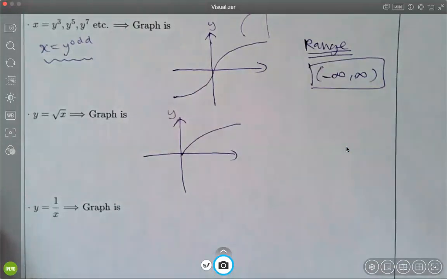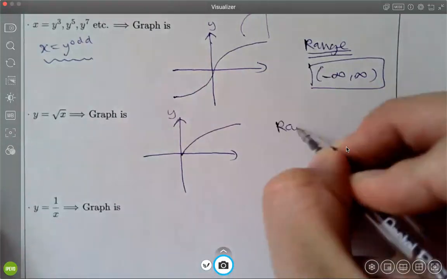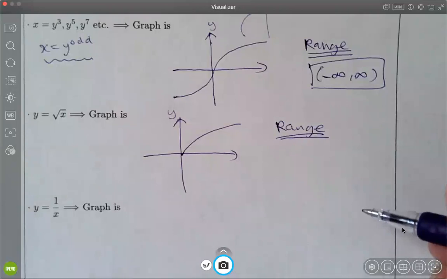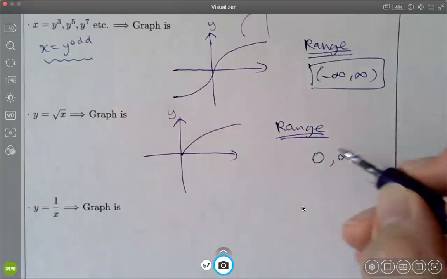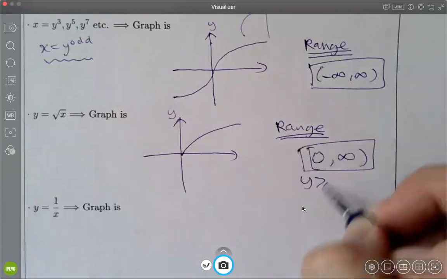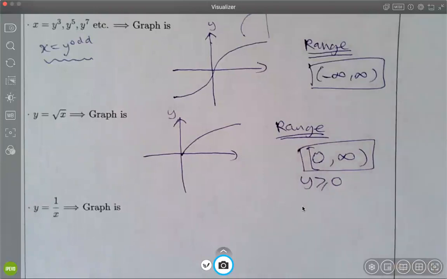Okay, now here, what is the range? Zero to infinity. And what are the symbols? Bracket for 0, parentheses for infinity. Right, so in other words, y is greater than or equal to 0.